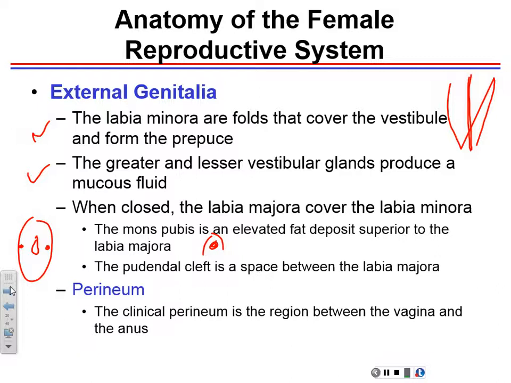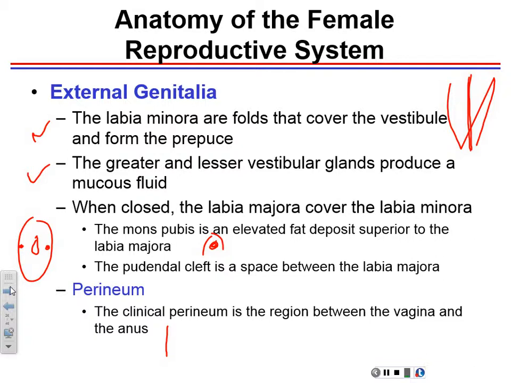And the space between the vaginal opening and the anus is the perineum, and that perineum is usually what is cut when they perform an episiotomy, when the birth canal is not wide enough.